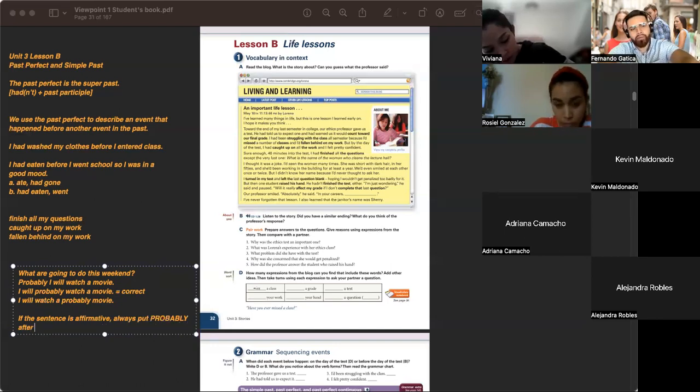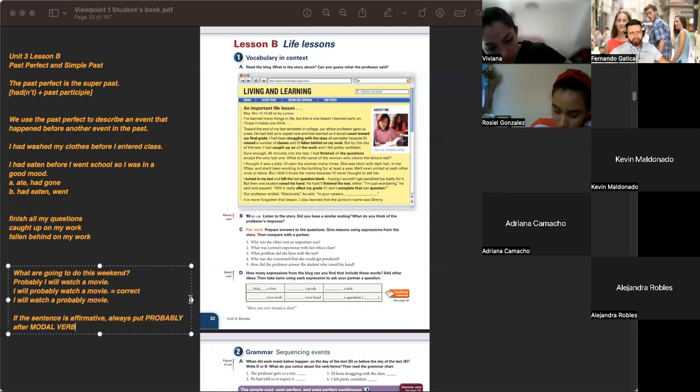Always put probably after will or any modal verb. For example, I can probably see you tomorrow. I should probably do my homework. After the modal verb.